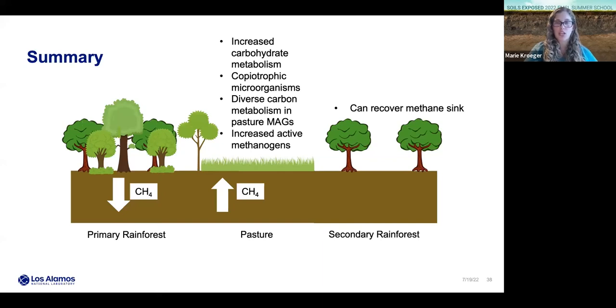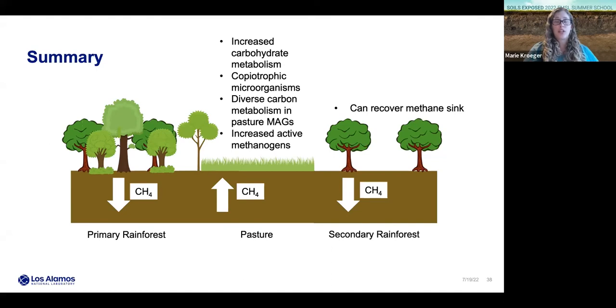There's more fermentation occurring. The nice thing, though, is that we did see recovery of the methane sink in the secondary rainforest, which we weren't sure was going to happen, right? And so that was really positive to see from the land management side of things, where if you do allow a pasture to be abandoned, it can recover its original methane sink.